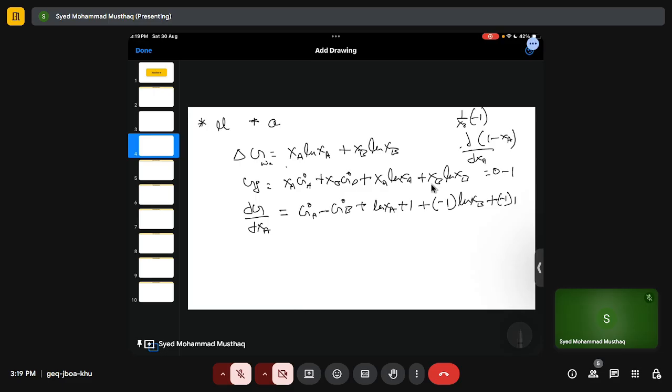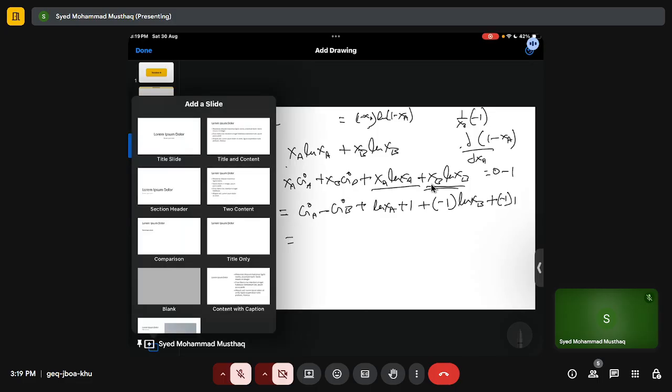So I hope I am clear because this is a simple step. All you have to do is differentiation by parts. So I will just do it for this guy. XB can be written as 1 minus XA, ln 1 minus XA. So if I differentiate, let me do it in another slide.